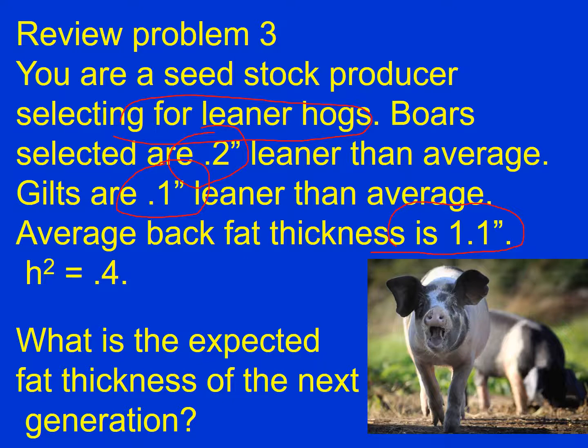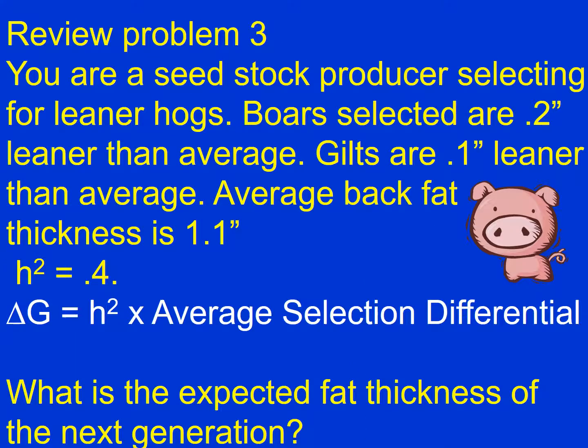Now, nice thing here is heritability is relatively large at 40%. What's the expected fat thickness of the next generation? Well, they should be less than 1.1 inch, but how much less? Well, here's the formula for change in genetics from one generation of selection.